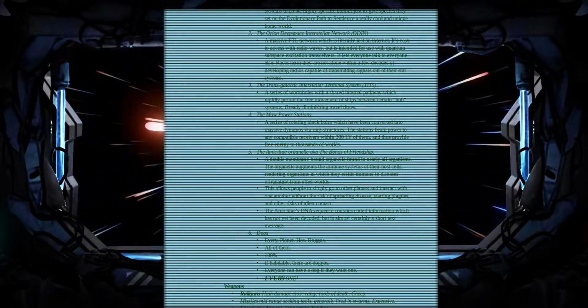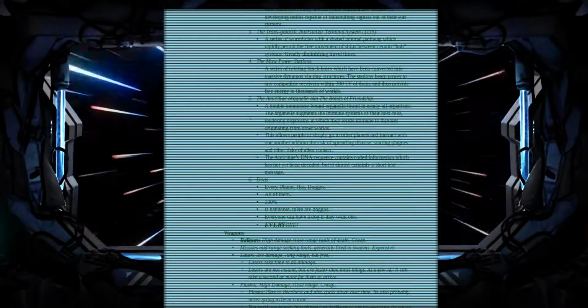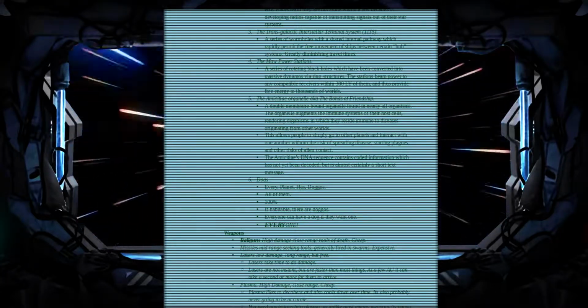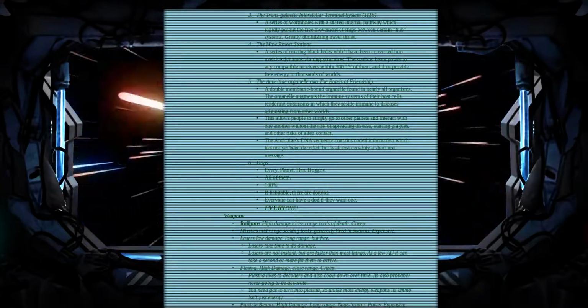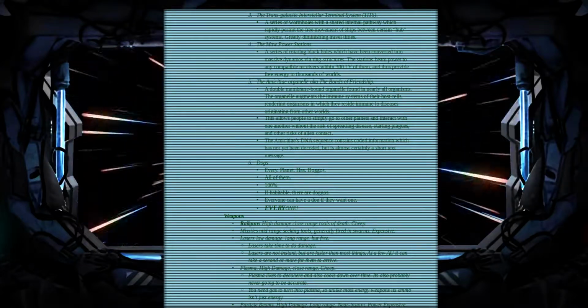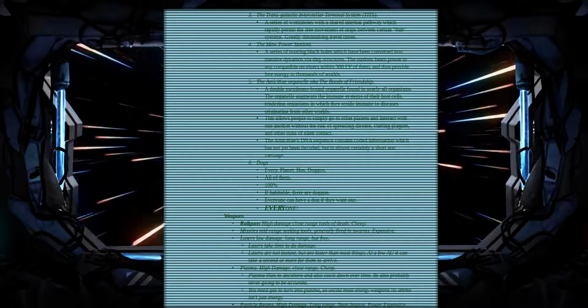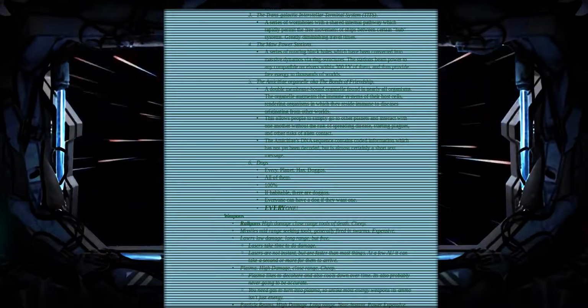Next up, this is a special little creation of mine, again from that same fanfic I've recycled a few ideas from. Gamacitiae organelle, better known as the bonds of friendship. It is a double membrane-bound organelle, just like mitochondria, and is found in nearly all organisms. This organelle augments your immune system, specifically at the cellular level, in their specific host cell.